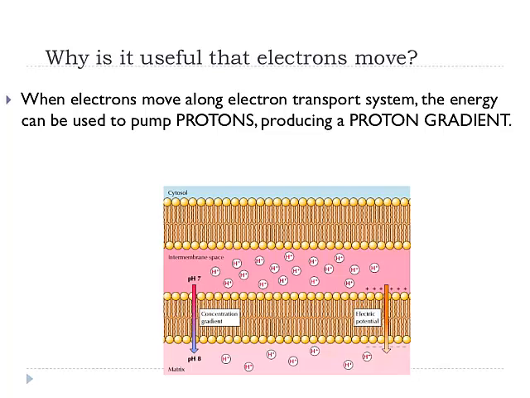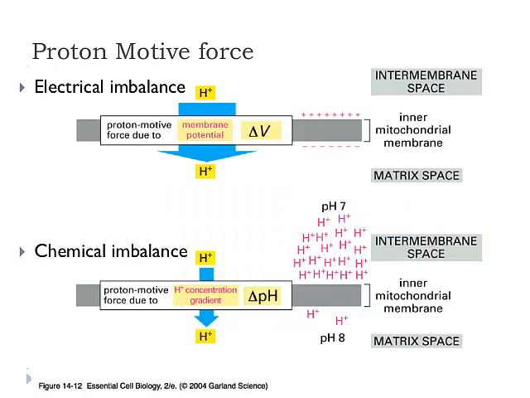phosphorylating ADP. There's also an electrical potential, so just like we learned about the membrane potential across the plasma membrane, same thing in the mitochondria, there's a membrane potential created by the movement of these protons and the imbalance of the protons across the inner mitochondrial membrane.